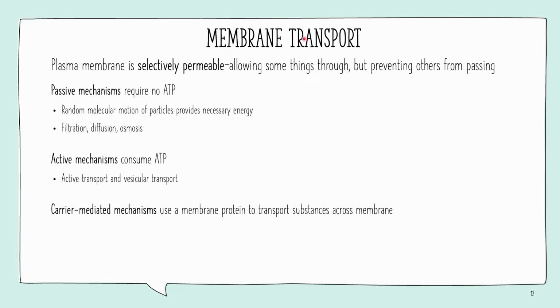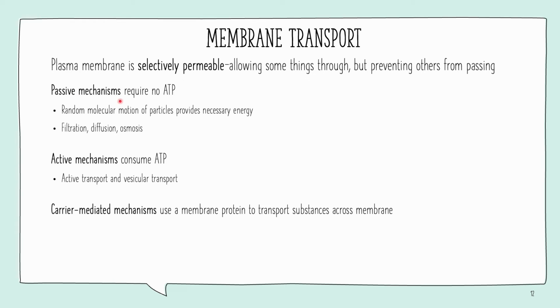Remember, the plasma membrane is the border that gives the cell its shape. It's selectively permeable, meaning it only allows certain things to go in and out. It stops some things from coming in, allows some things to go out, allows some things to come in, and vice versa. Sometimes it will stop something completely.